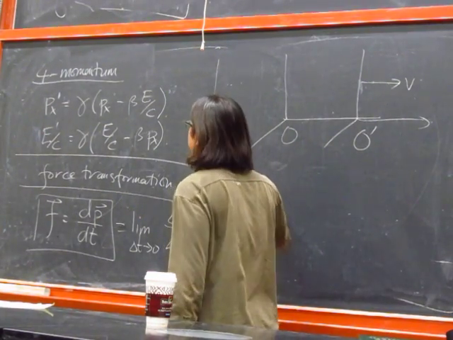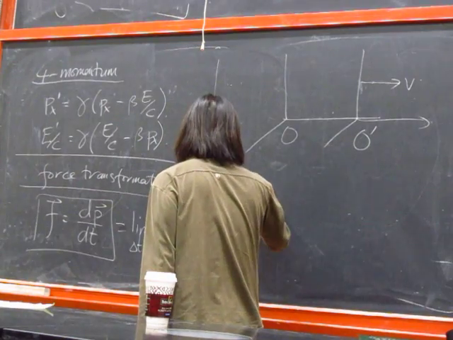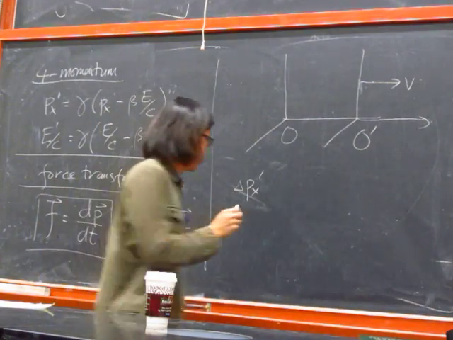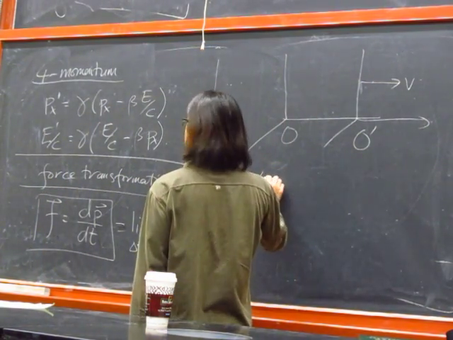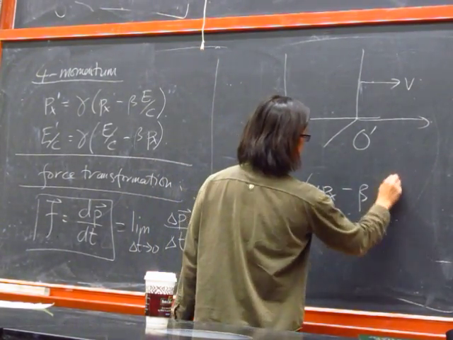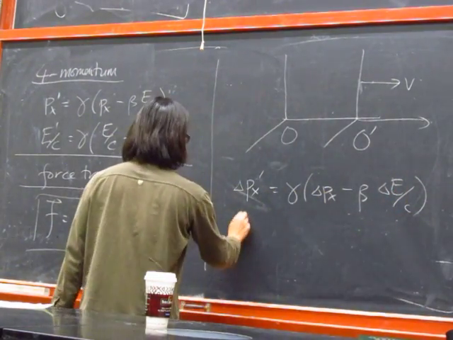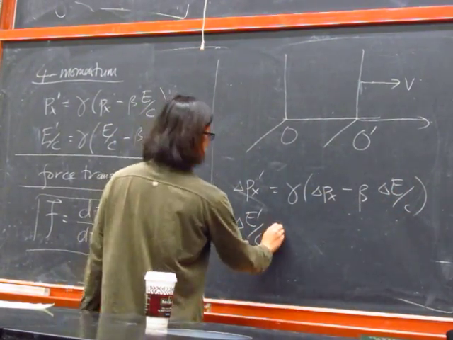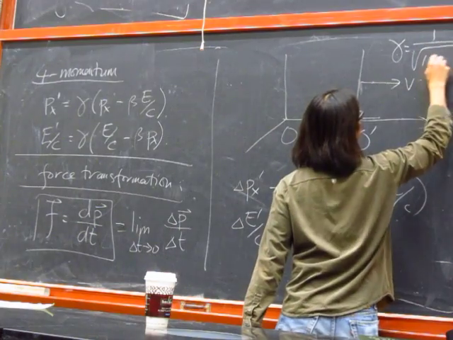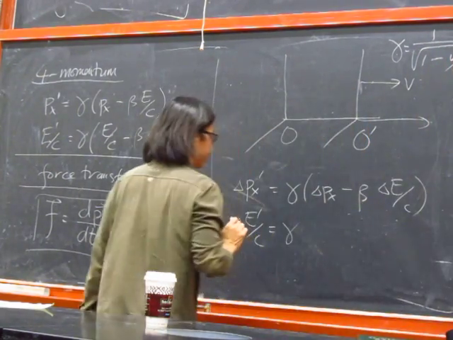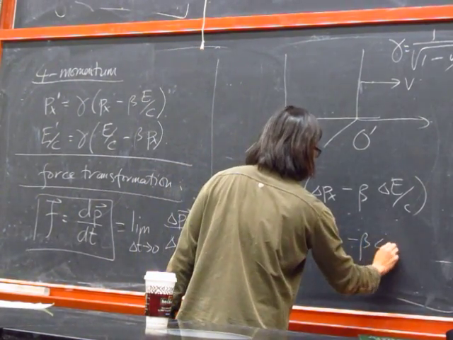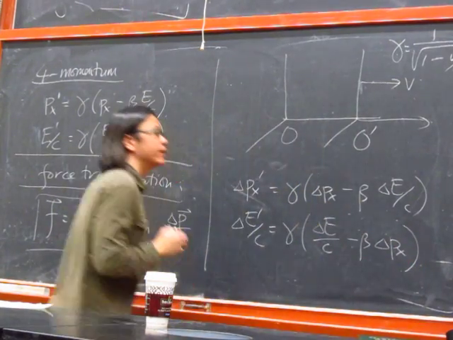Delta p prime, just from the expression of the four-momentum, you have delta px. This is exactly the same discussion as when we were talking about the Lorentz transformation. Delta px prime is equal to gamma (delta px minus beta delta E over c), and delta E prime over c is given by gamma (delta E over c minus beta delta px), where gamma is 1 over the square root of 1 minus beta squared.